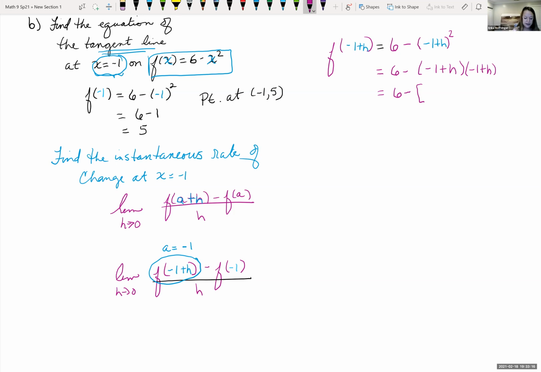So we have -1 times -1, that gives us +1. We have a -1 times h, so that's minus h. h times -1 is negative h, and h times h gives us plus h squared.